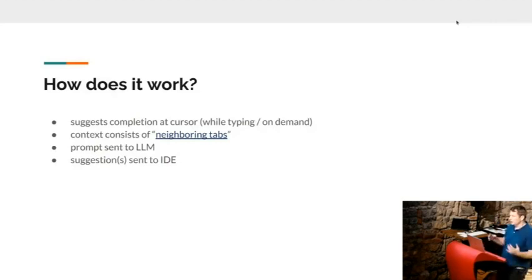Then the plugin in the editor constructs the context or the prompt and sends it to the large language model. The model returns some suggestions, which are then sent to the IDE, and the user is able to accept or decline that suggestion. In some modes, it also returns more than one suggestion, so you can choose which one suits you better.